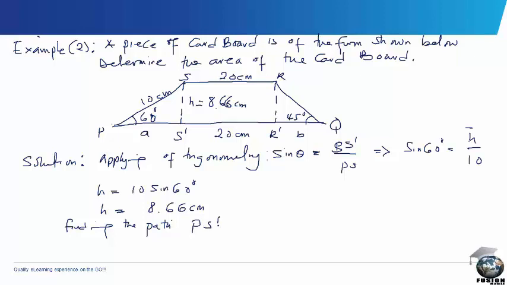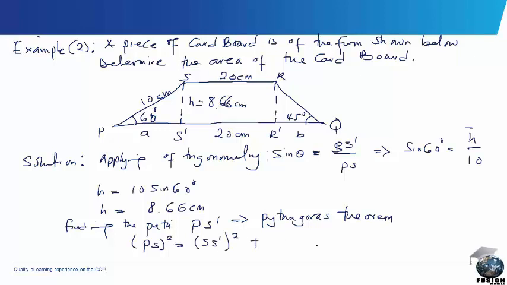Remember that when you have a triangle and you have two sides, you can use Pythagoras theorem, so to find this part we will apply Pythagoras theorem. The theorem states that PX all squared is equal to XX bar all squared plus PX bar all squared.